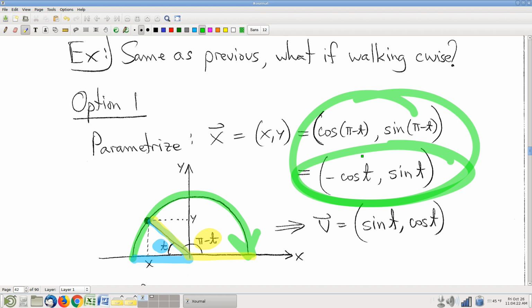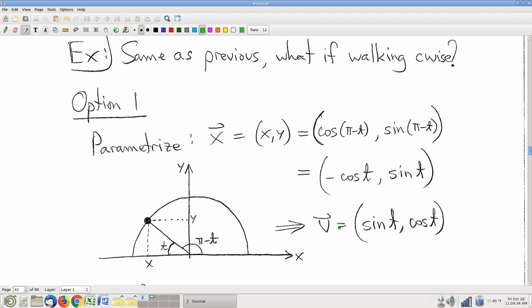How y'all doing on that? Is everybody okay with that? Okay. Let me show you the second way to parameterize this curve. This is part 2 of option 1. The second way is to just notice that as you go clockwise along this curve, you are going exactly the mirror image of the parameterization on the previous page.